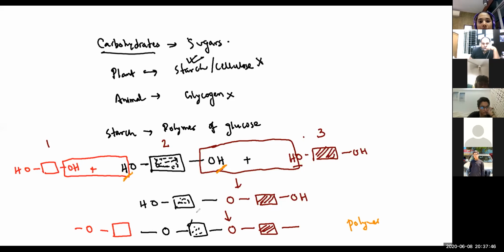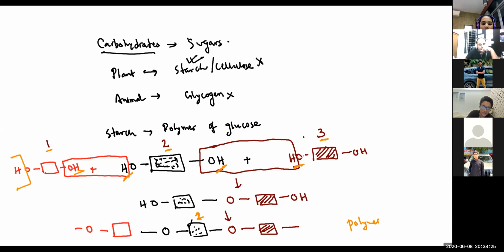So monomer number 2, from the left hand side, what is going away? H. And from the right side? OH. Okay, monomer number 1, from the right side, what goes away? OH. From the left side? H. এক side OH গেলে, অন্য side H যাবে. From monomer number 3, left hand side থেকে কি যাচ্ছে?